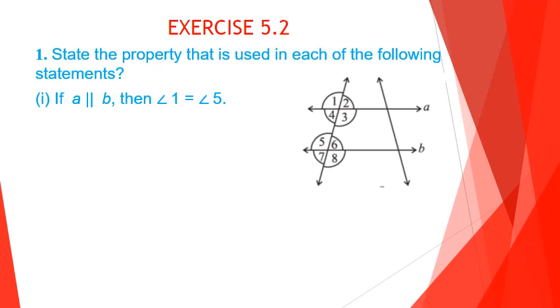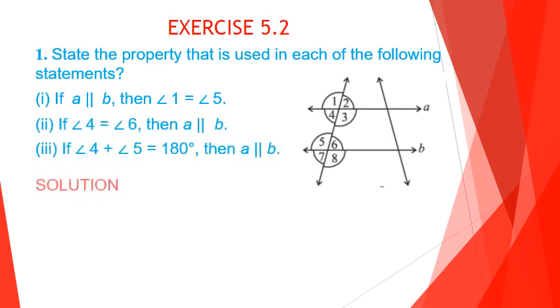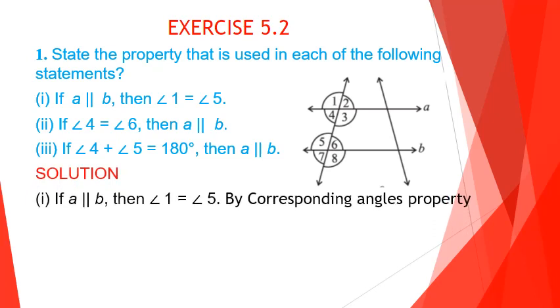First, observe what type of angles are there. These are the angles which lie on the same side of the transversal and both angles are above the line. So, these are corresponding angles. So the first one is angle 1 equal to angle 5 by the corresponding angles property.